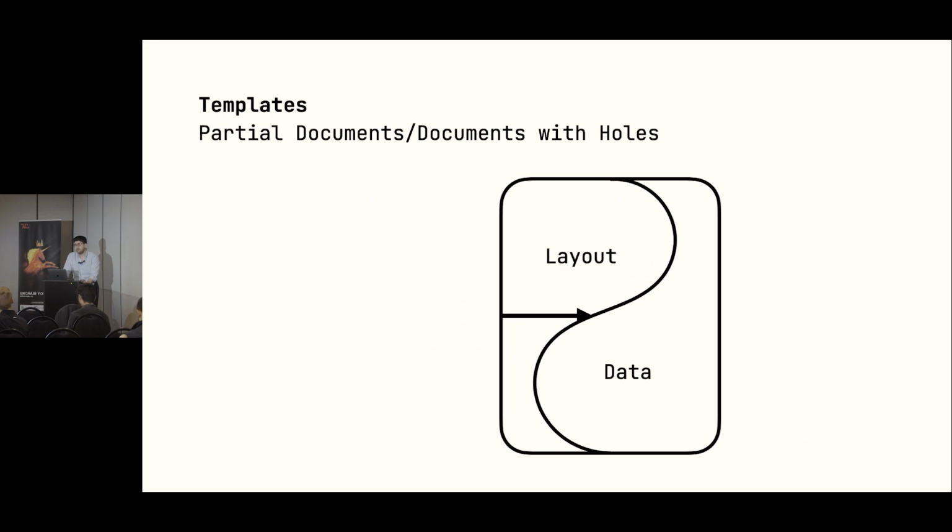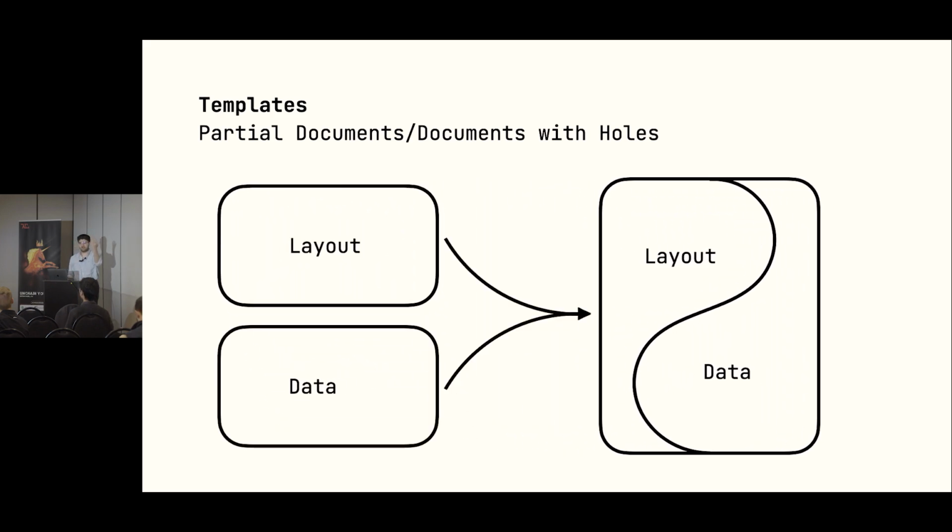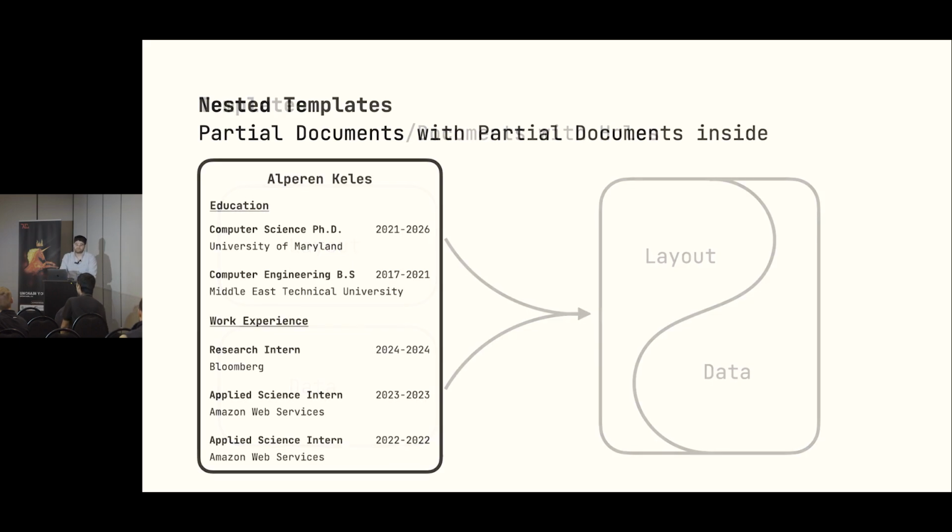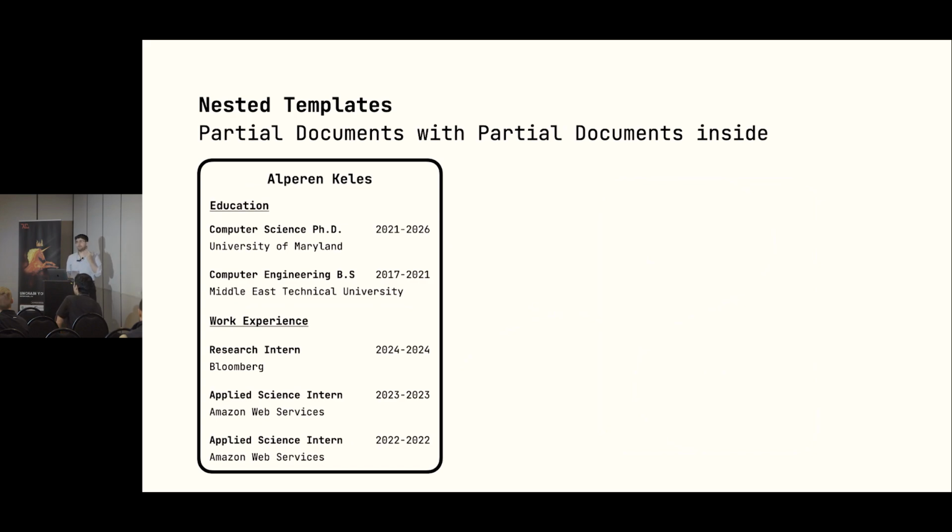What happens is you can get some layout separately, and you can ask the user for some data to fill that layout in, that template, that partial document, and you can create your total document at the end using those. So a naive template that doesn't have any nesting is not really useful for us. We wouldn't be able to use it in a lot of cases.